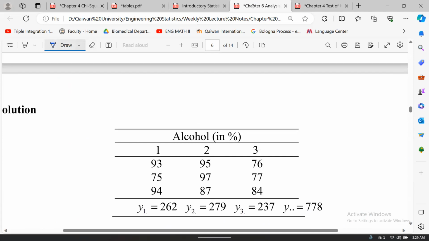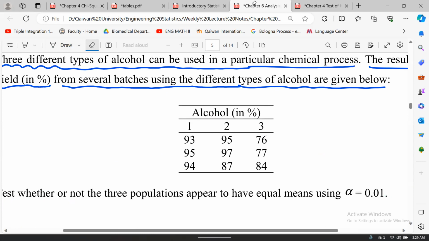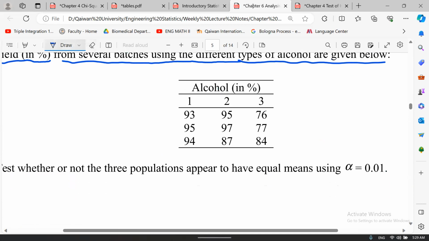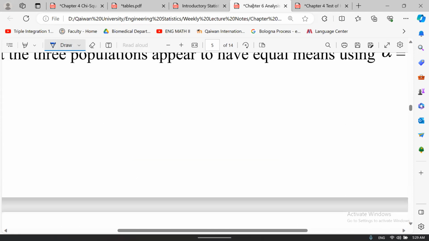Now, first, you need to find y1 dot, y2 dot, and y3 dot. It's important to find them first because we just focus on those 3 things in calculating SST and SSTRT. Here, y1 dot is the sum of these elements.